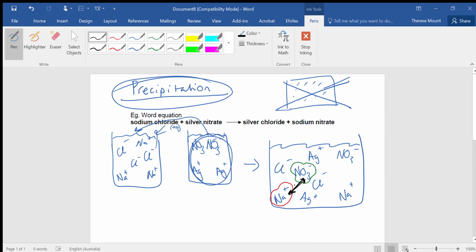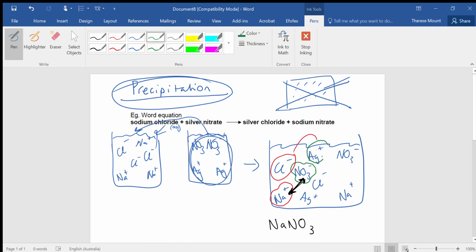And a combination like this may result in a solid, but we have to analyze whether that might happen using our solubility table. So another combination that could occur, which is different to before, would be the chloride and the silver.